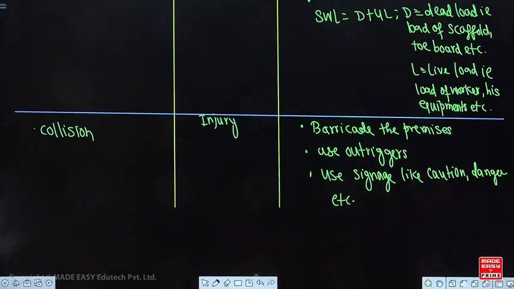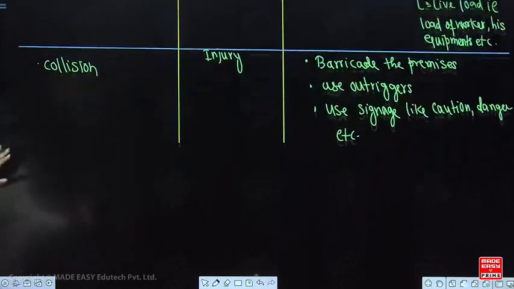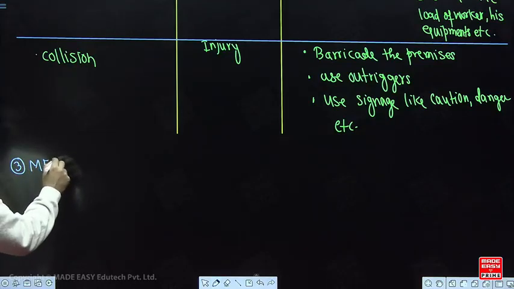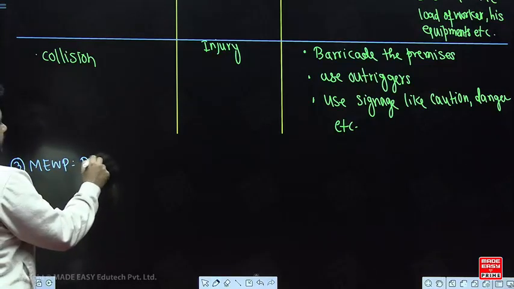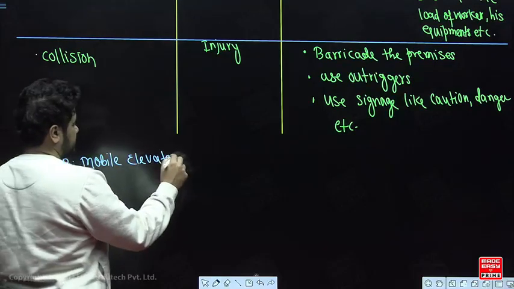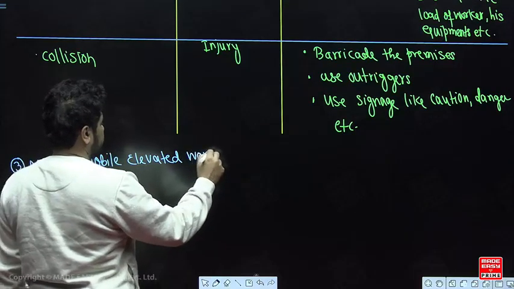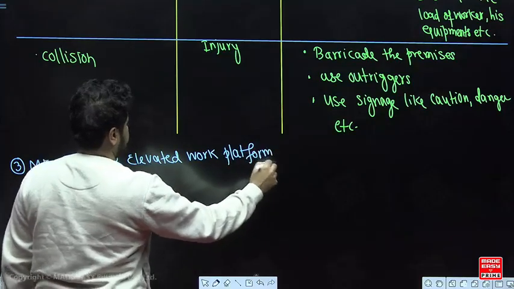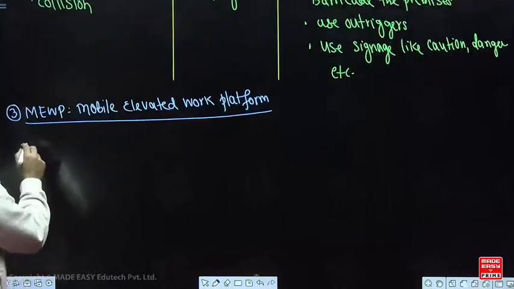Done? Okay. So next, third one, it is called as MEWP, mobile elevated work platform. Now what is that? So it is of two types.